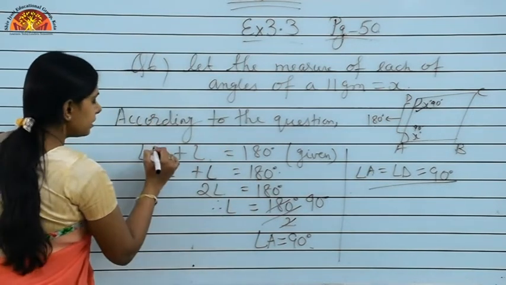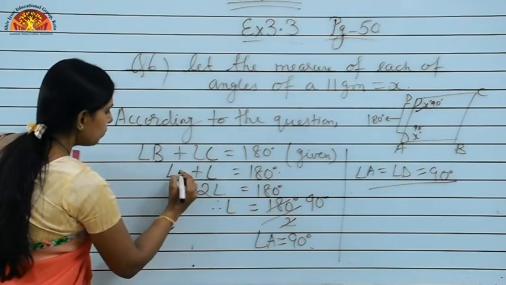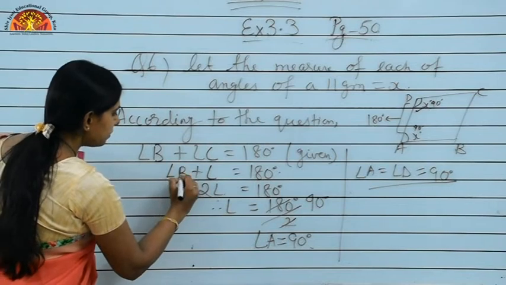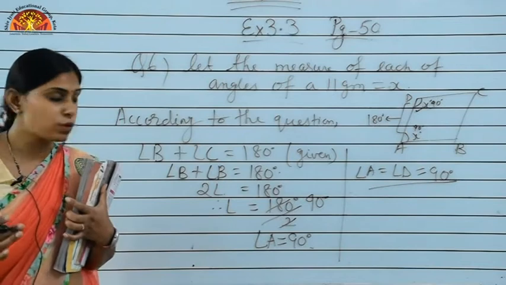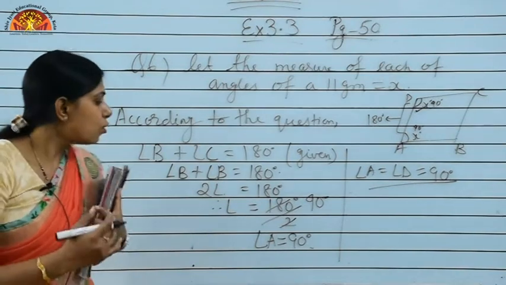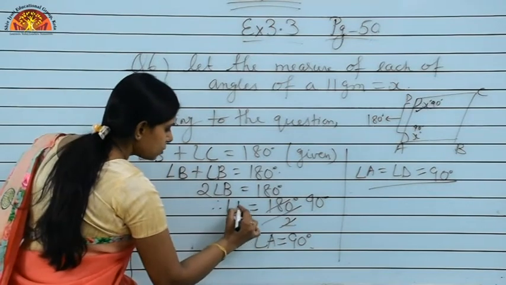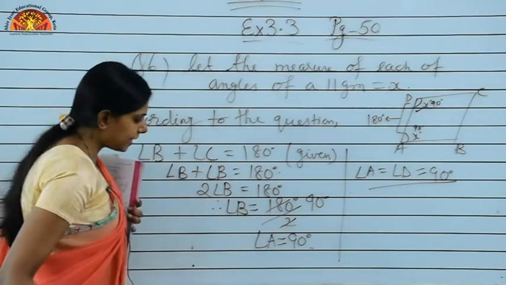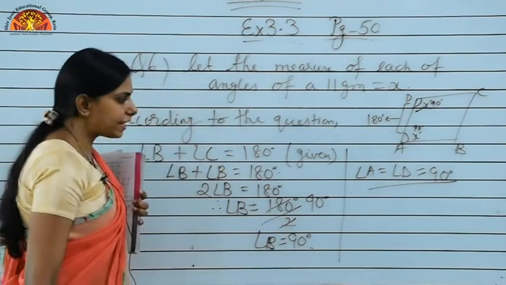So just see, angle B plus angle C is equal to 180 degrees. So you can write angle B plus angle B, because angle B is equal to angle C. So what can we substitute for angle C? Obviously angle B. So twice angle B is equal to 180 degrees. So again angle B is equal to 90 degrees.